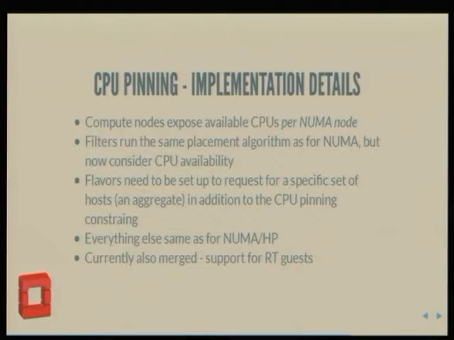It's just in the way we sort the available CPUs when we try to place VMs. So far, we haven't seen any problems or complaints from users with this. So far it works.